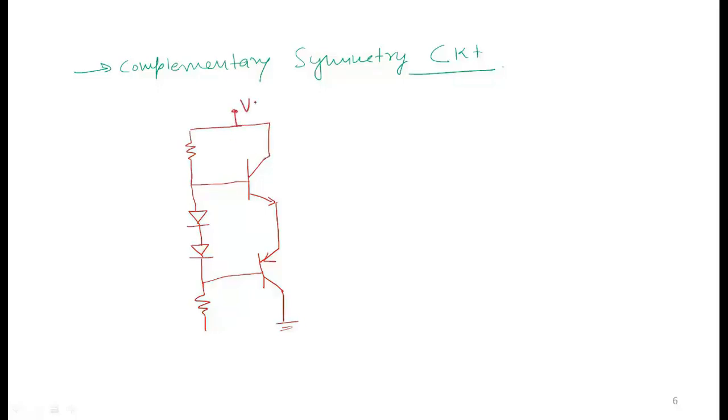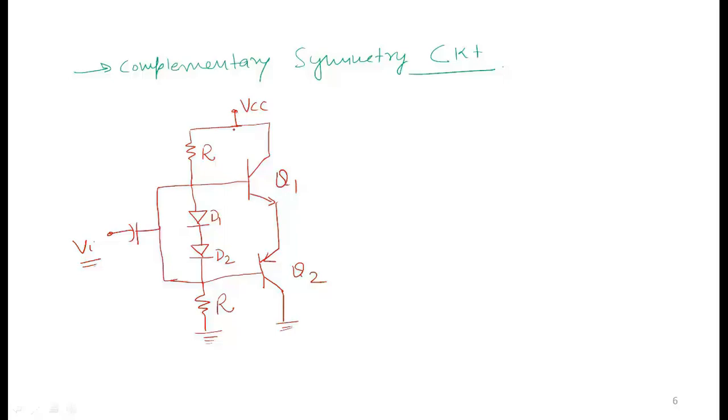Here we apply the VCC. This is the resistor R. This is also the resistor R. This is the transistor Q1 and this is the transistor Q2. So as in the class B amplifier, here too we apply the input AC signal on the base of both transistors. So let's discuss its working.